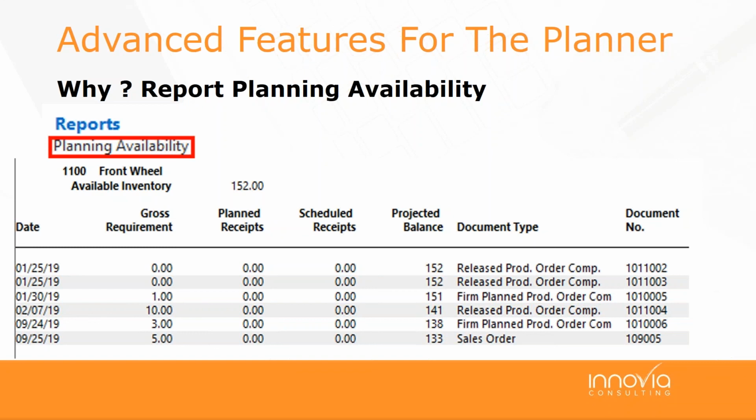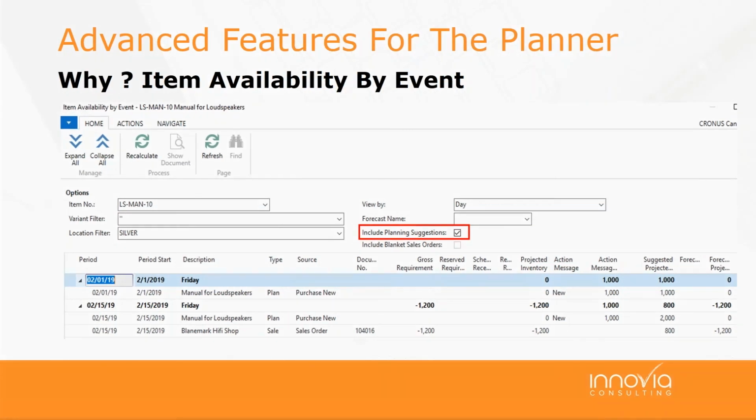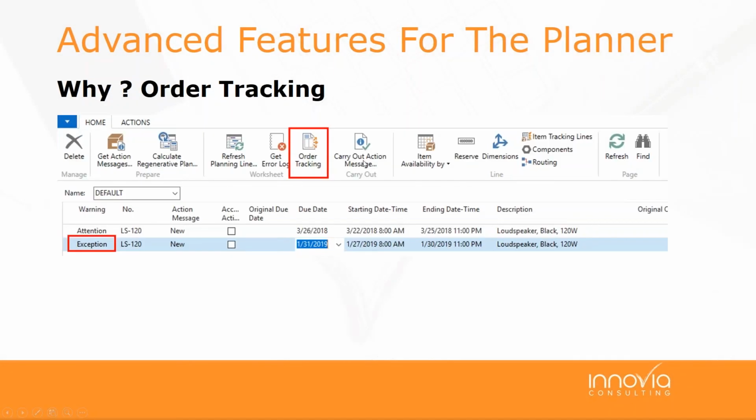I don't have quantities showing here, but quantities could be changed. I could delete it. It might come back tomorrow night, but I don't care. I'm not going to do anything today. And I recommend always creating production orders as firm planned. That's a whole other discussion, but how the planner then manages firm planned production orders is a process in order to release them.